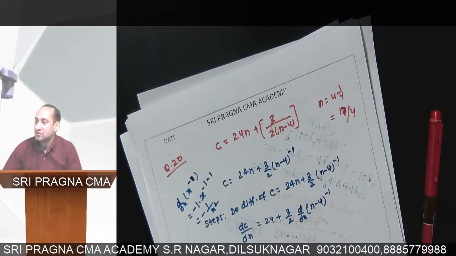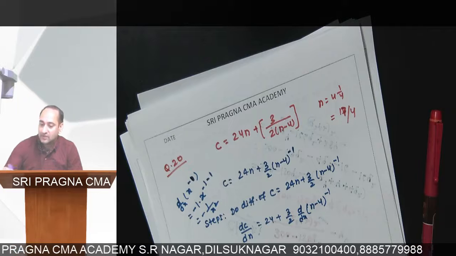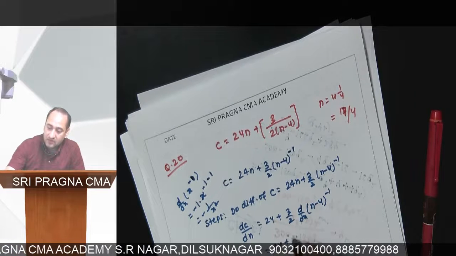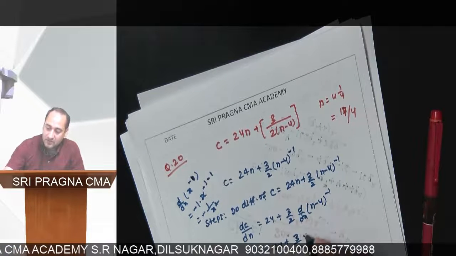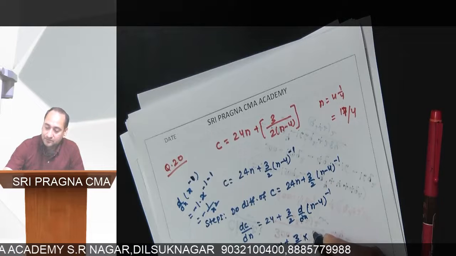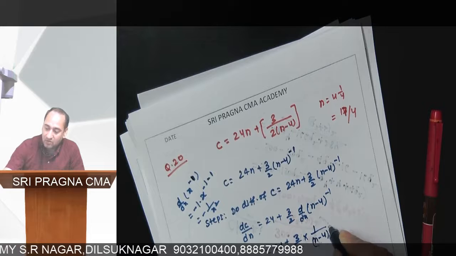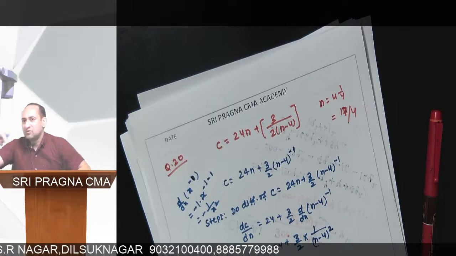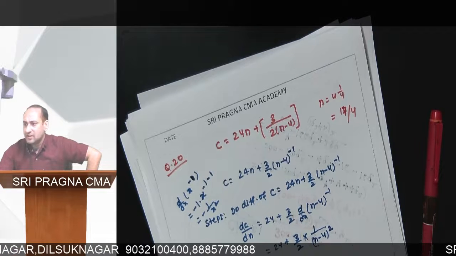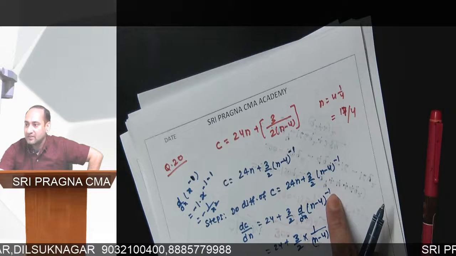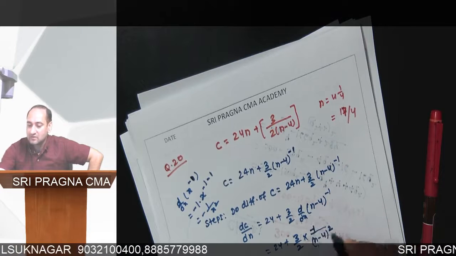Similarly here I am going to do the same thing: 24 plus 3 by 2 into 1 divided by (n minus 4) square, and we take minus 1.